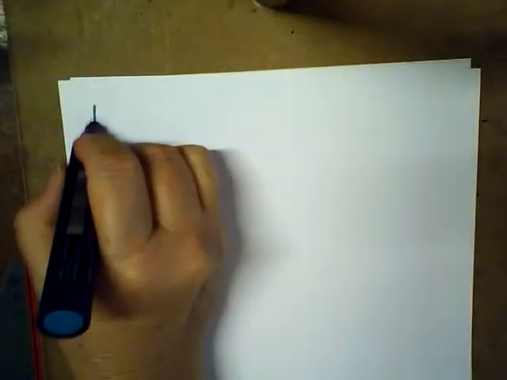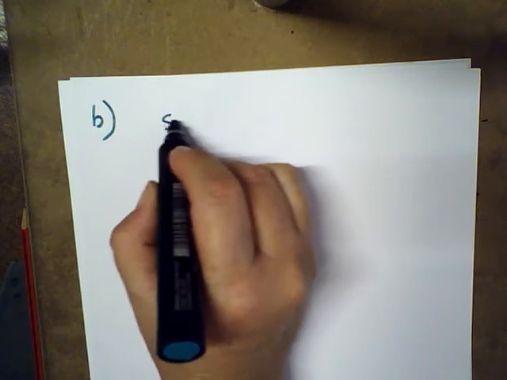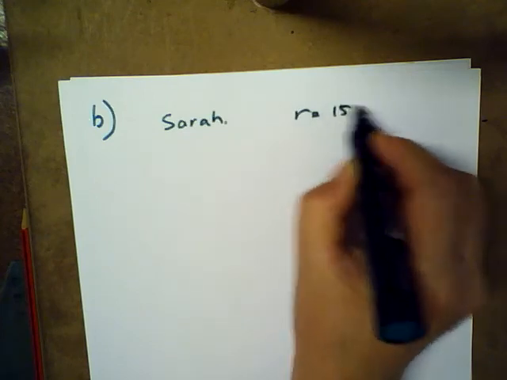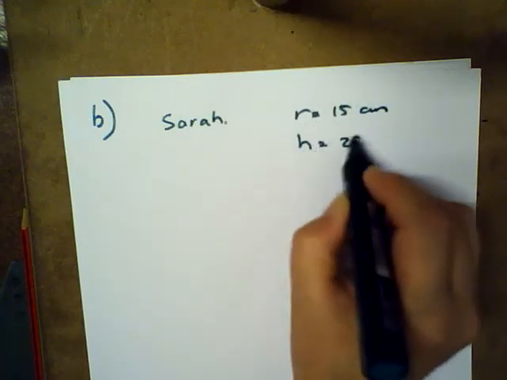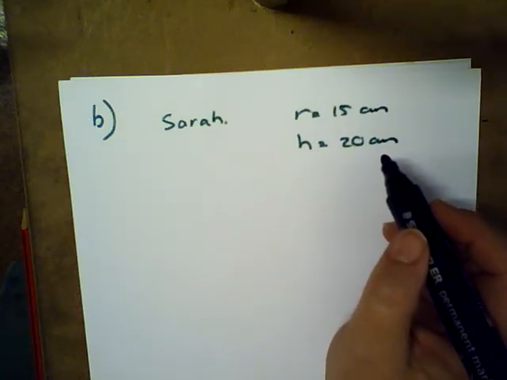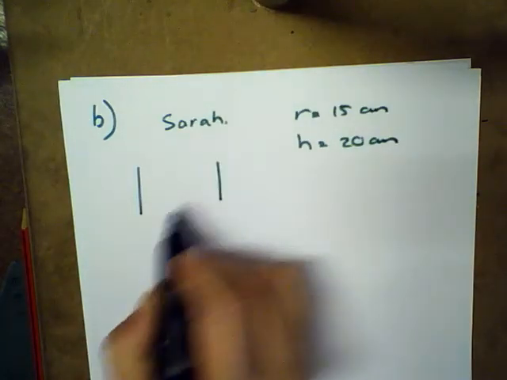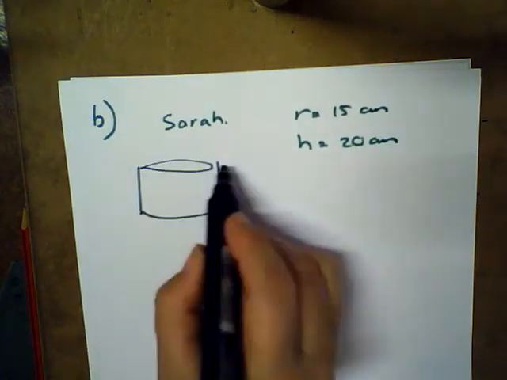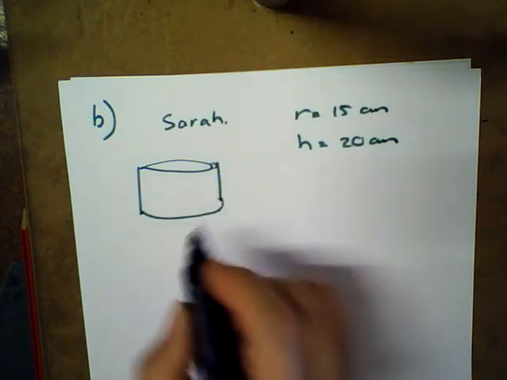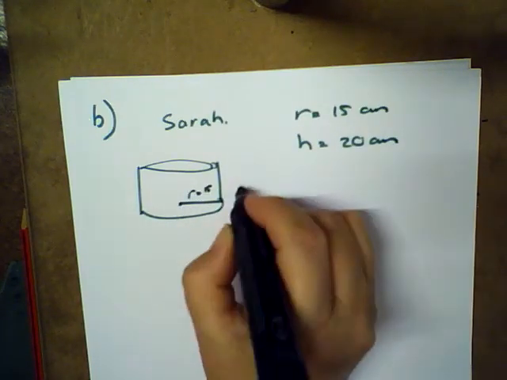Good. Number B. Sarah buys a cylindrical pot plant with a radius of 15 centimeters and a height of 20 centimeters. She wants to paint its outside surface area, the base and the curved surface area. Calculate the area she wants to paint. So R is 15 and the height is 20.